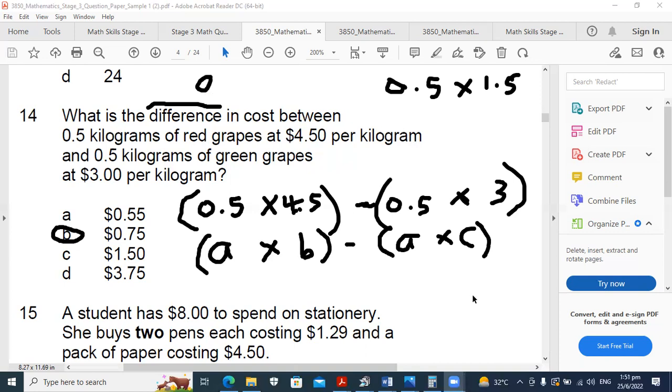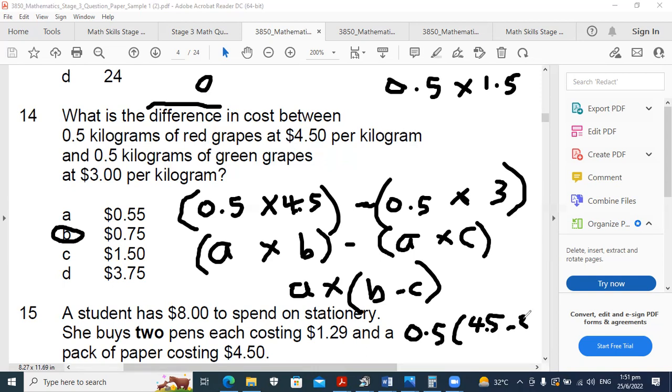Yes, sir. So in algebra, you see what you can do? Because A and A are common, you pull out A. And what's left is just B subtract C. So A would be 0.5, and then B subtract C would be just 4.5 subtract 3, which is 1.5.